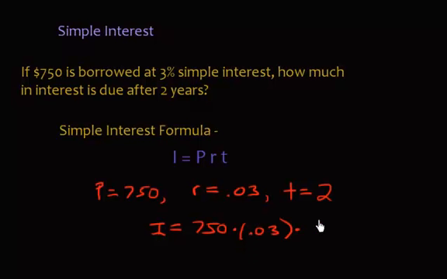I'm just going to use parentheses so you can see the difference: principal here, the interest rate, and then time right there. So plug that into your calculator, and you'll get $45. That means if you were to borrow this money at simple interest, after 2 years, you should be paying the person you borrowed the money from $45.